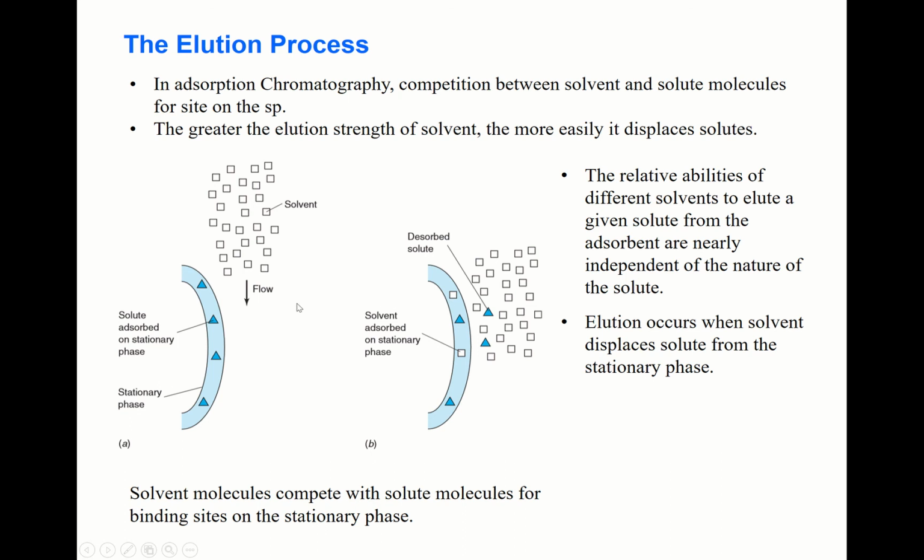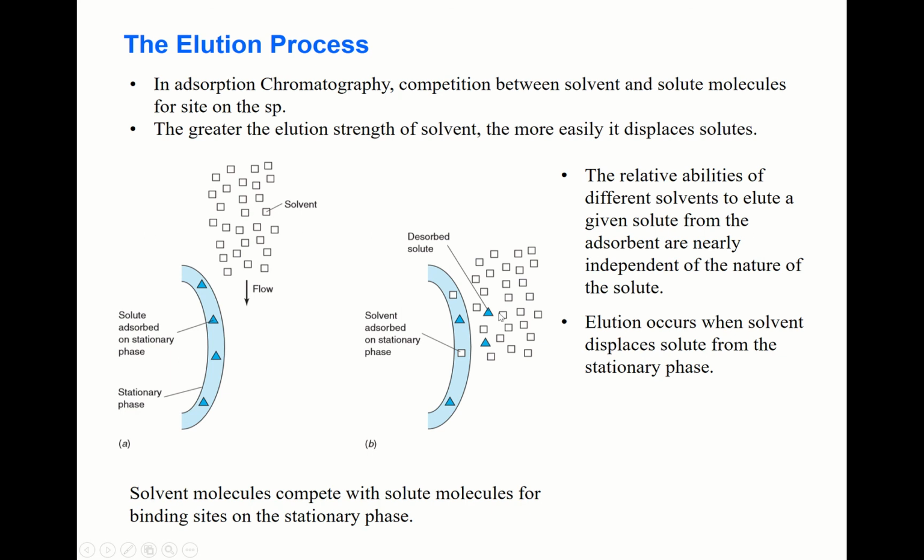If the solute molecules are adsorbed on the stationary phase for a long time, then separation cannot be done. Anyway, these solute molecules must be replaced by the solvent molecules.